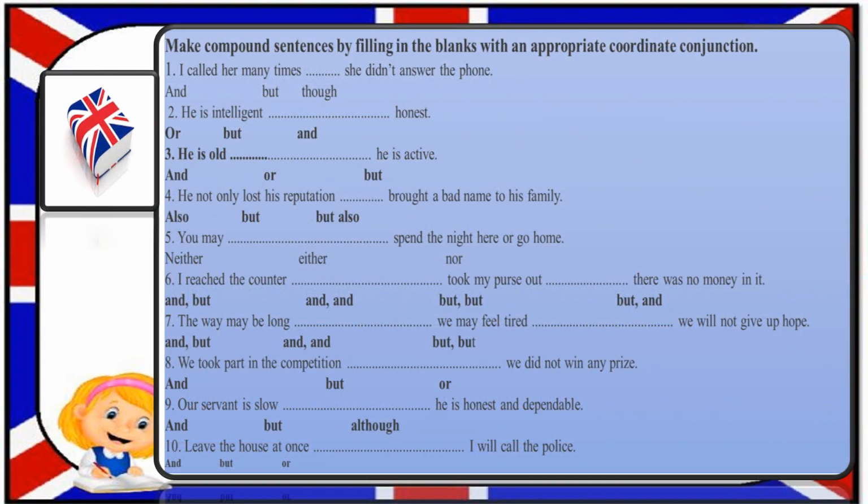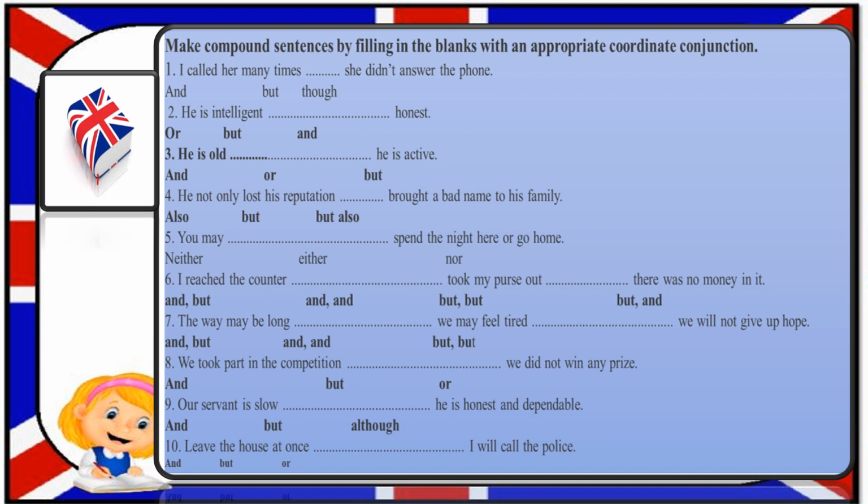Okay, make compound sentences by filling in the blanks with an appropriate coordinating conjunction. Choose the correct answer. The first sentence: I called her many times. She didn't answer the phone. And, but, so. The second sentence: he is intelligent, honest. Or, but, and. The third sentence: he is old, he is active. And, or, but.